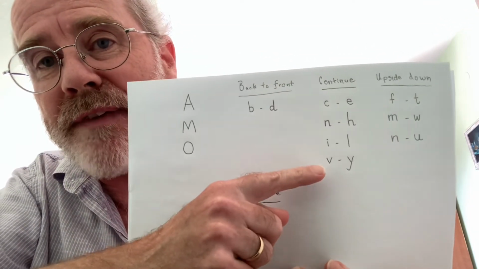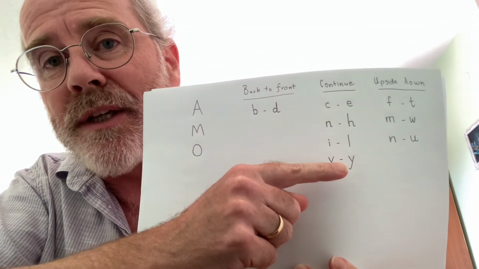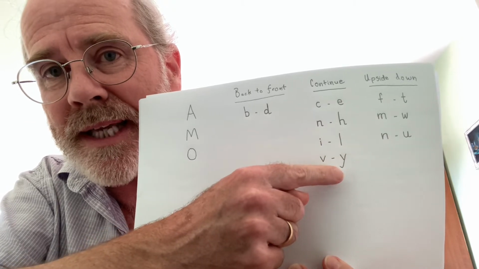And then you've got another example of a letter that you continue, V and Y. Very similar, these two letters, V and Y. You simply continue the letter.